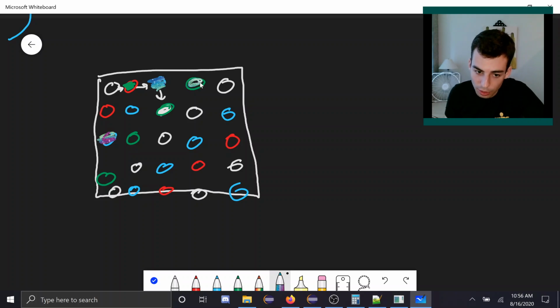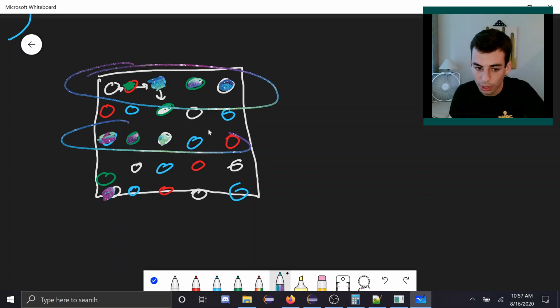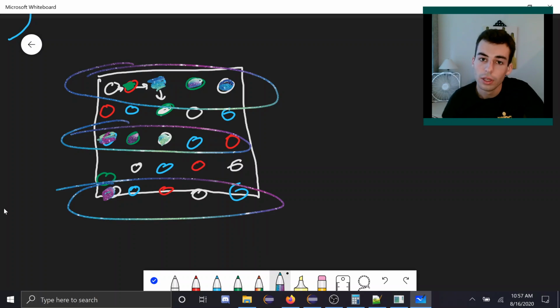Then the green ones we can color in like this in a similar way. And then the white ones we can color in every other row again. The idea is that we are ultimately going to color in this top row, this middle row, and this bottom row. Now, when I say color in, I mean these need to be distinguishable in the total. So we'll make each of these a different power of 2.